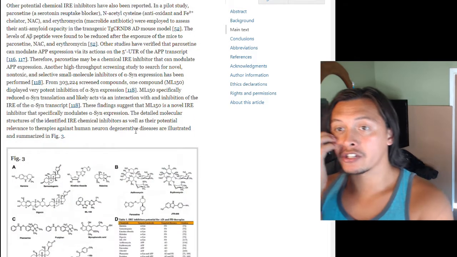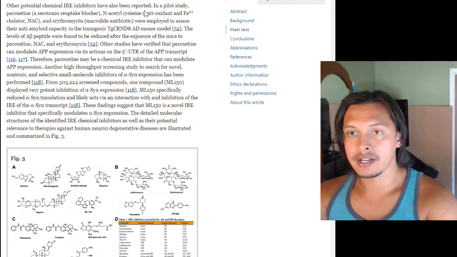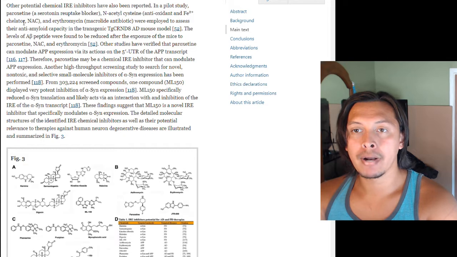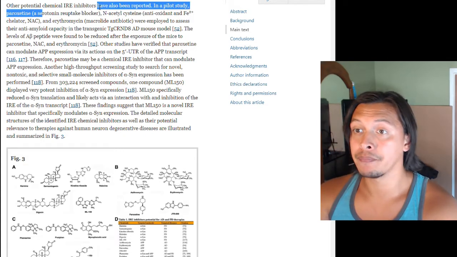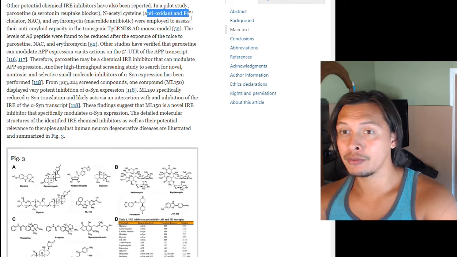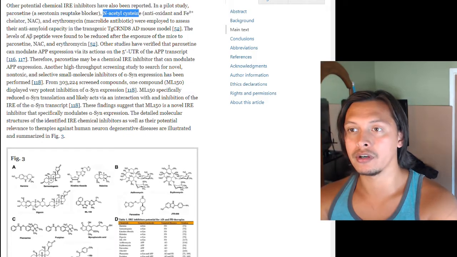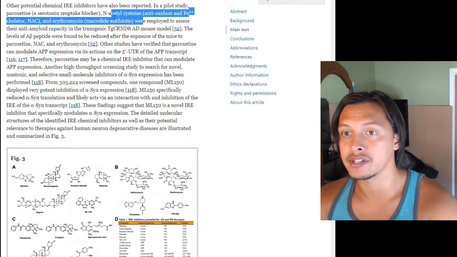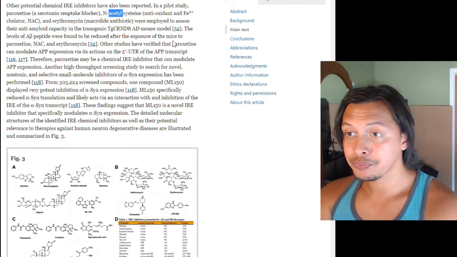So other potential chemical IRE inhibitors have also been reported in a pilot study: paroxetine, which is a serotonin reuptake inhibitor, and N-acetylcysteine, or NAC, which is an antioxidant and iron 2+ chelator. So that's also important to note, that this N-acetylcysteine is able to bind to iron, and it's also an antioxidant.